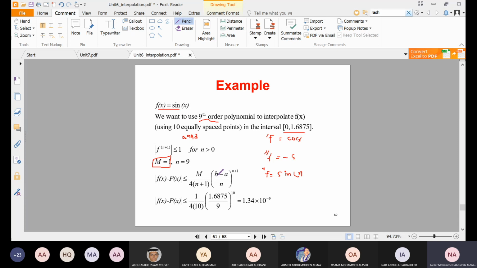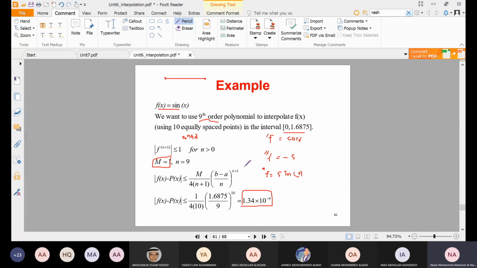And this is the interval b minus a, the width between the two points, 0 and this point 1.6875. So the width is 1.6875, over 10 factorial, and we take this to the power 10, so this will be the error. So this will give us the error if the function is given.